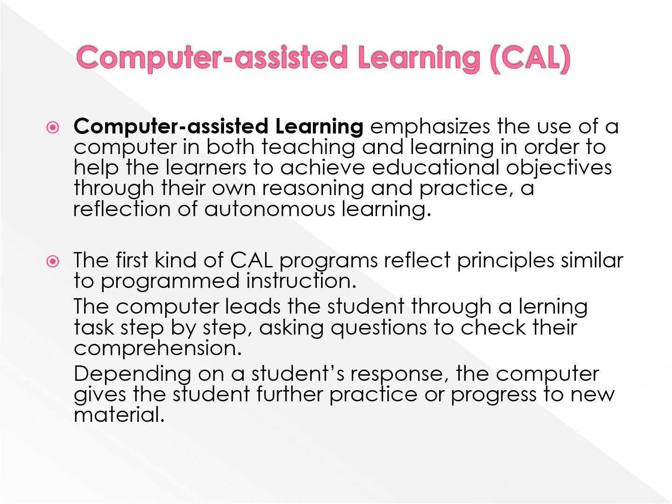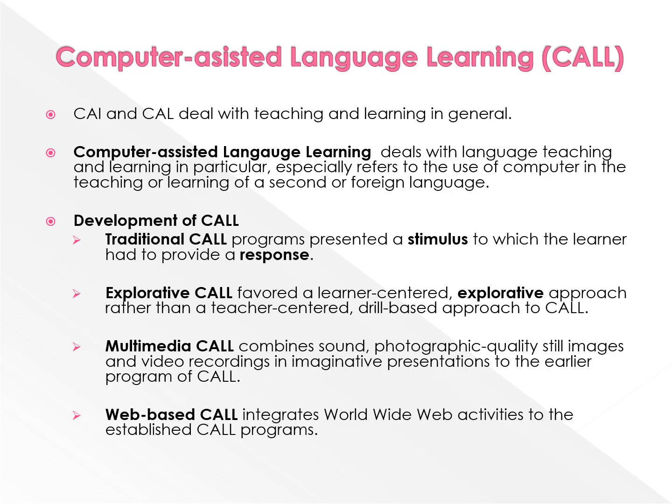In CAI, the computer is only used to help the teaching activities, but in CAL, computer-assisted learning, the use of computer is not only from the point of view of the teacher, but is also intended to help students in learning. So more activities are added here in the use of computer, not only teaching but also learning. And then the next one is CALL, Computer-Assisted Language Learning.